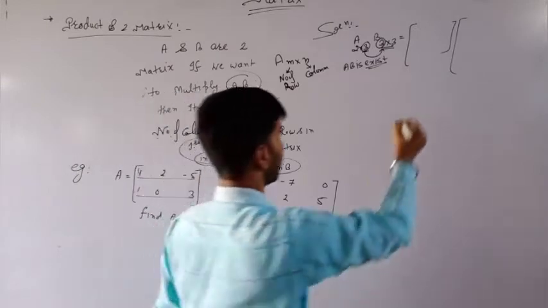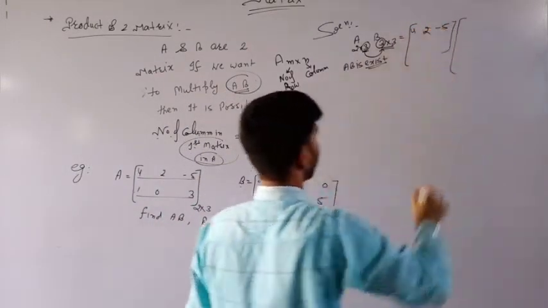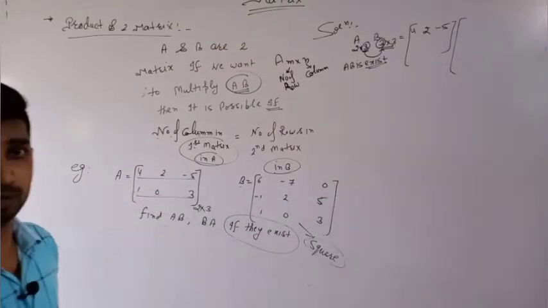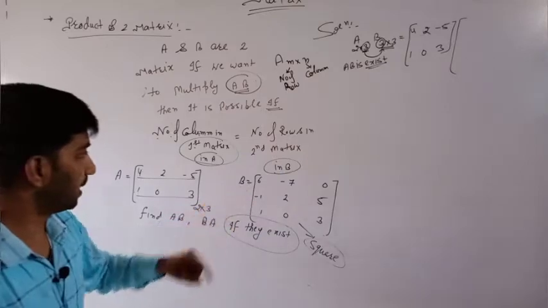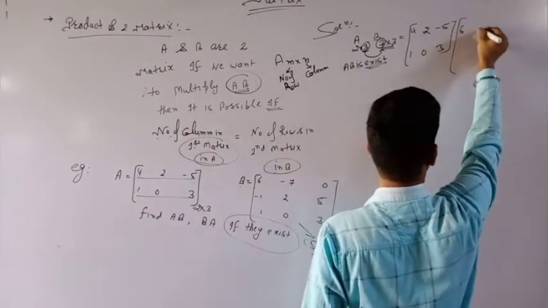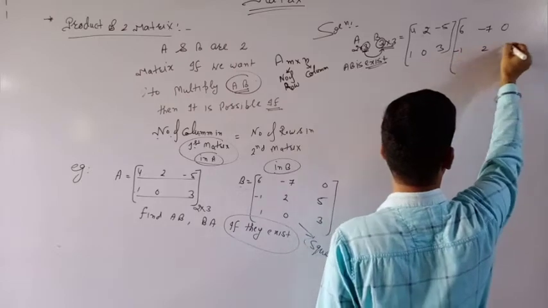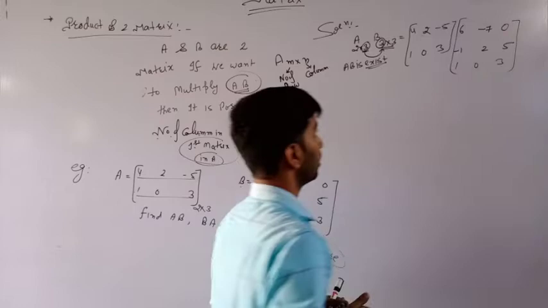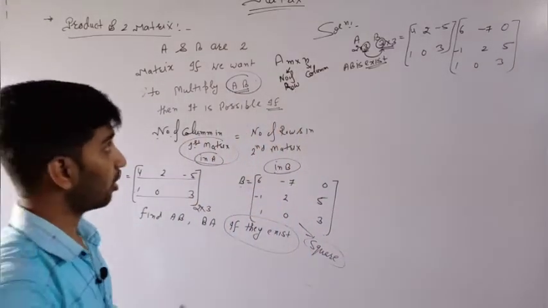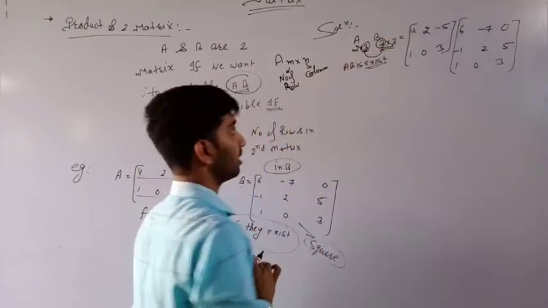Now the process of finding AB. A is [4, 2, minus 5; 1, 0, 3] and B is [6, minus 7, 0; minus 1, 2, 5; 1, 0, 3]. First check that the order of A is 2 multiply 3 and the order of B is 3 multiply 3.